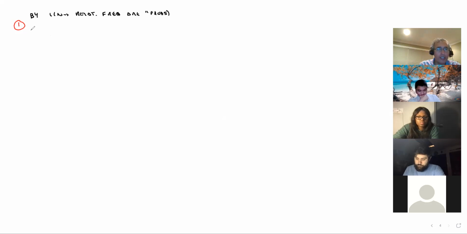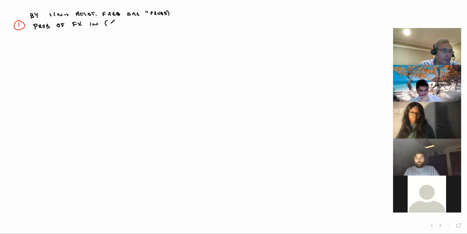So what is the probability of exchange rates in 1.25 to 1.35?